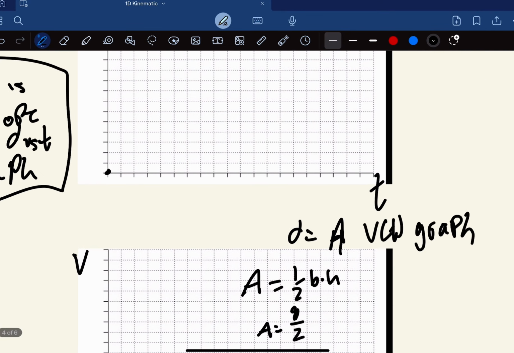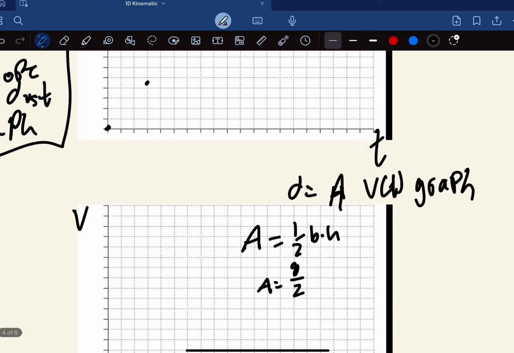So 9/2, that's just 4.5, a little bit over 4 for our first 3 seconds.